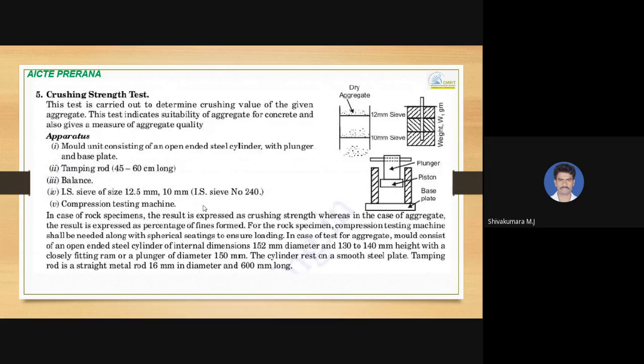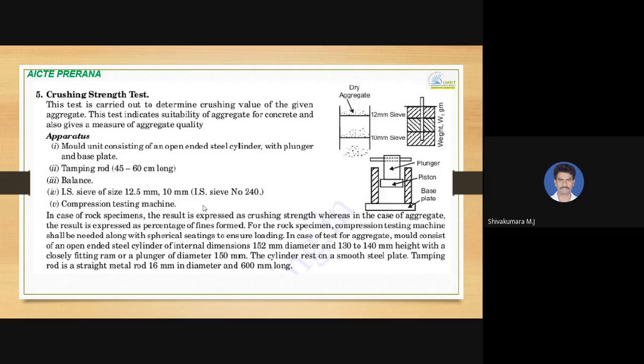Next, it is the crushing strength test. This test is carried out to determine the crushing value of given aggregates. This test indicates suitability of aggregate for concrete and also gives a measure of aggregate quality.